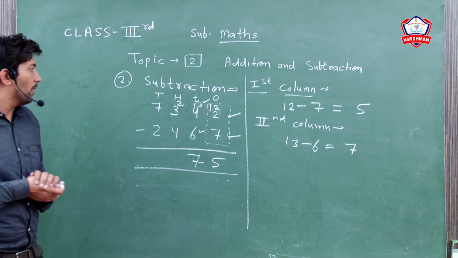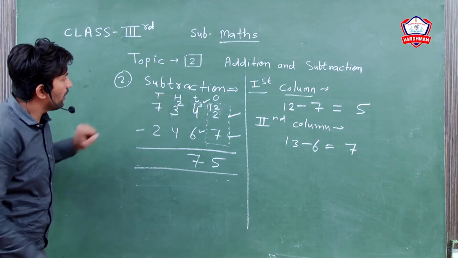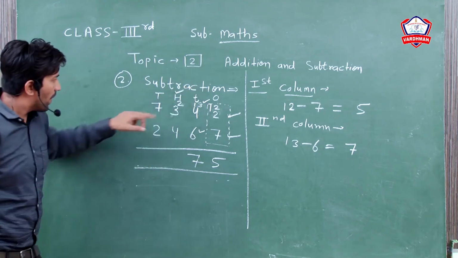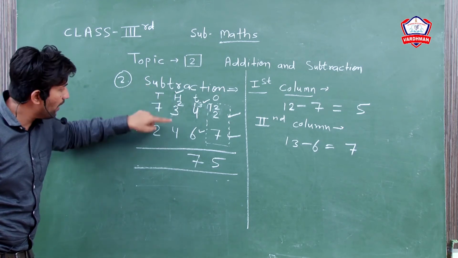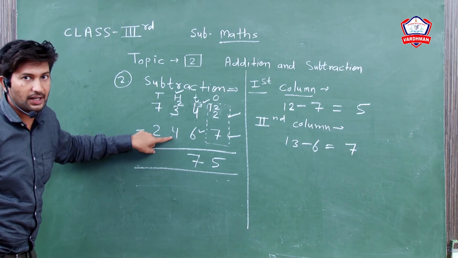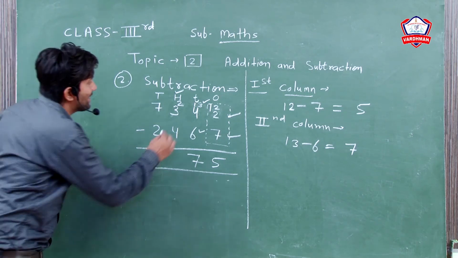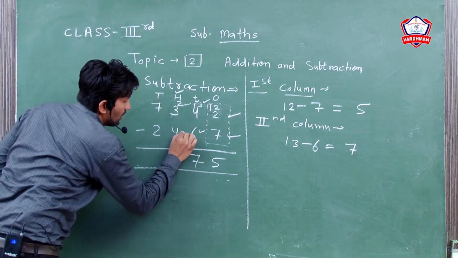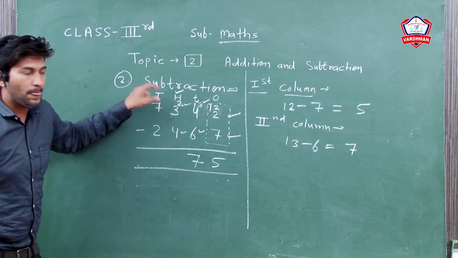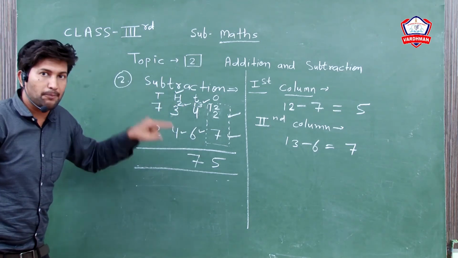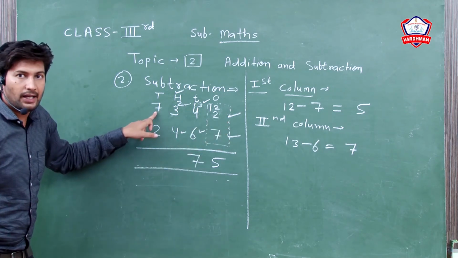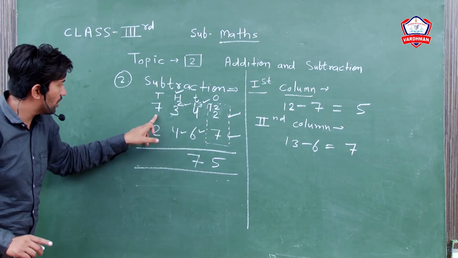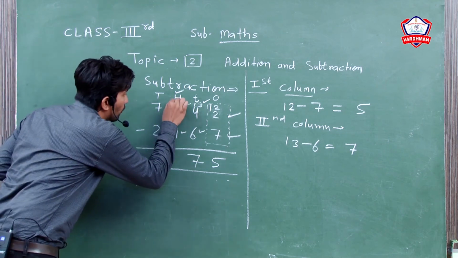Now 7 is under the tens column. Now we will start with the 100 column. We will do the 100 column. It has 2 and less 4. It is more difficult. It is hard because 2 is less and 4 is greater than 2. Now also we will do the same process. 7 gives a carry to the 2.